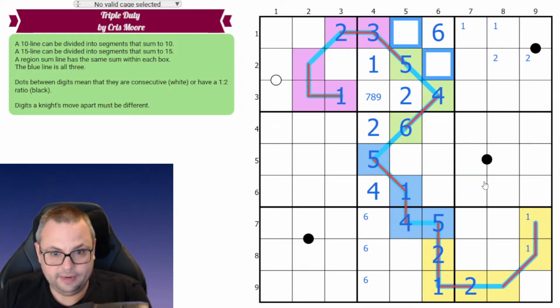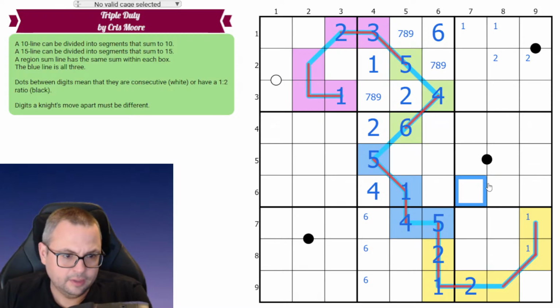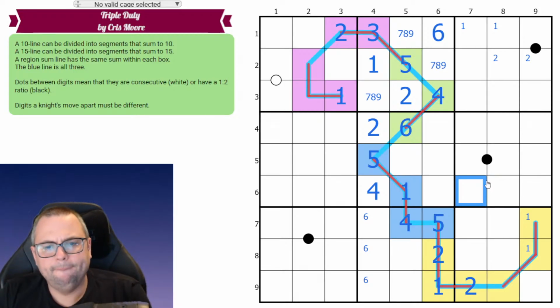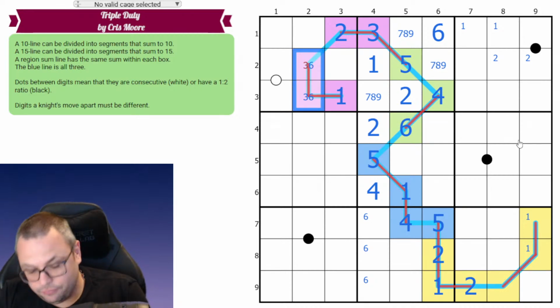Oh, these are also 7, 8, 9s. I do need a 3 in this column somewhere. Right, so the options are 3, 6, and 4 or 5.